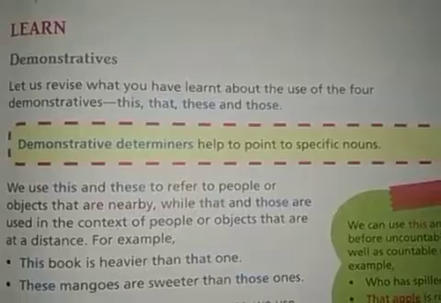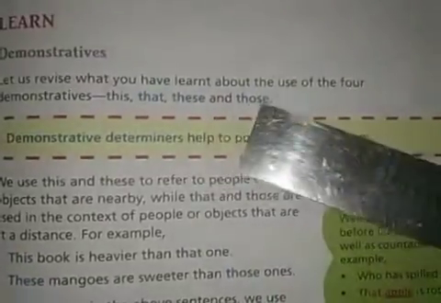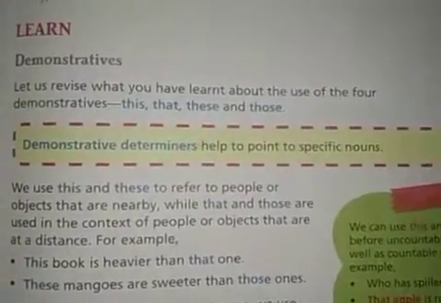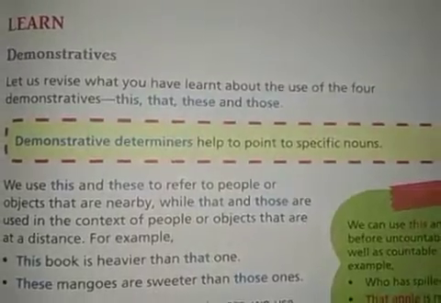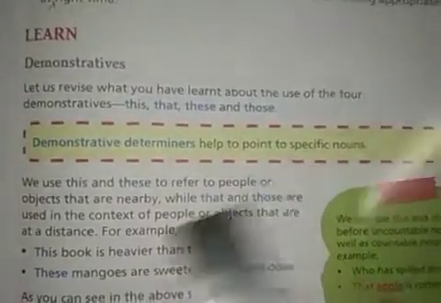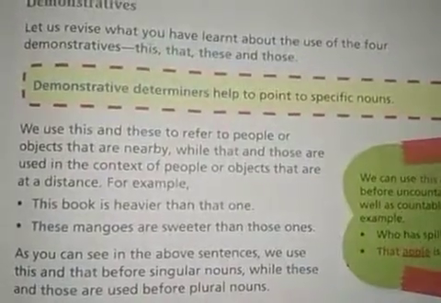Okay, so these four are known as demonstrative determiners, which help you to point to specific nouns like ye cheez, wo cheez, this thing, that thing, those things, these things. So these help you to point out different nouns.